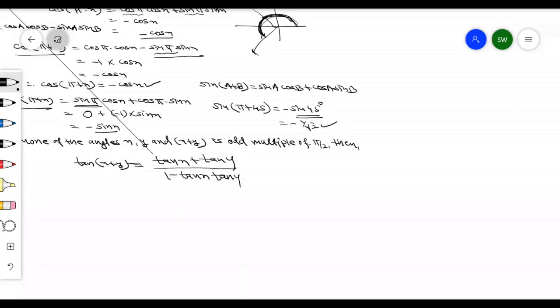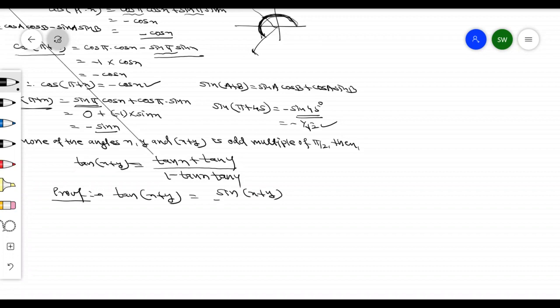Now see how to derive this formula. See the proof of this formula. We know that tan(x plus y) can be written as sin(x plus y) upon cos(x plus y).